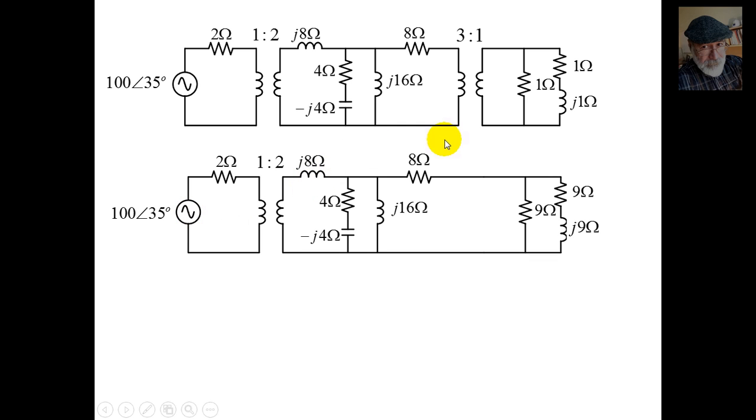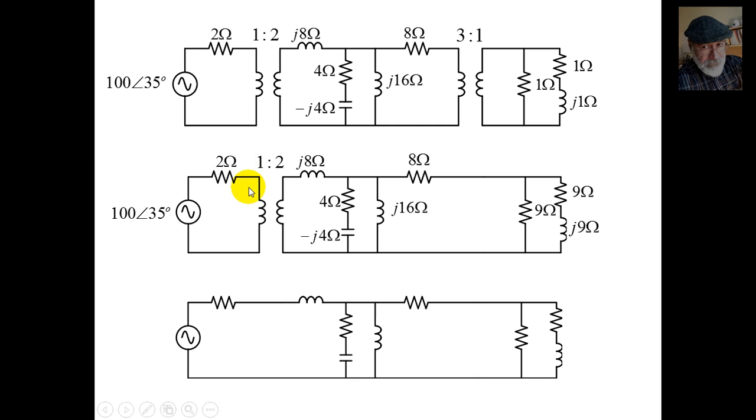I'm going to divide all of those impedances by 2 squared, by 4, because I'm going downhill, to the low voltage side of the transformer. Easy. This one is 2, but all the others are going to be divided by 2 squared. This is going to be j2. This is going to be 1, and negative j1, etc. All of them have been divided by 2 squared.